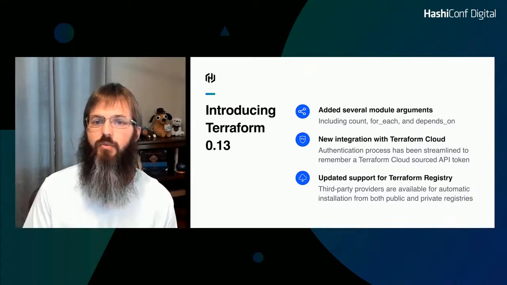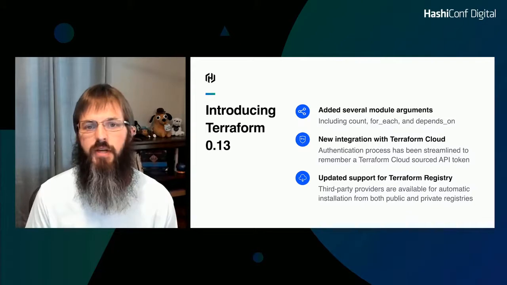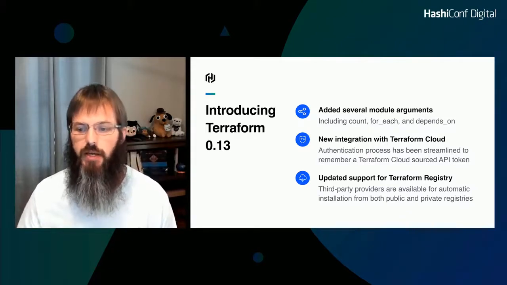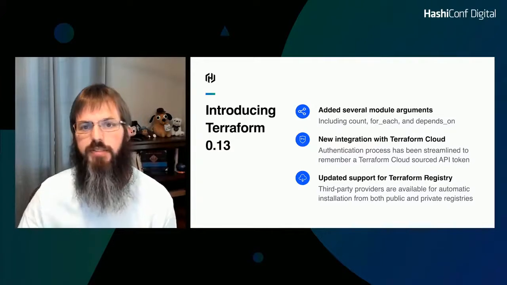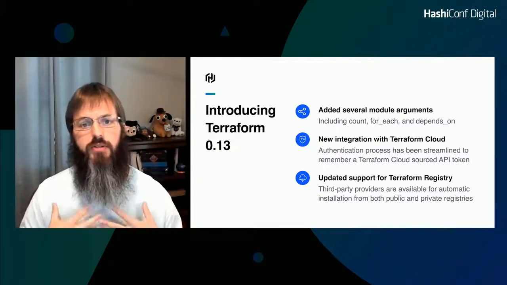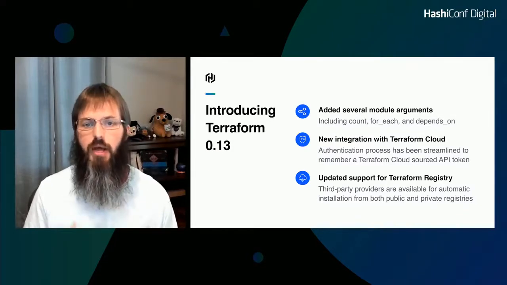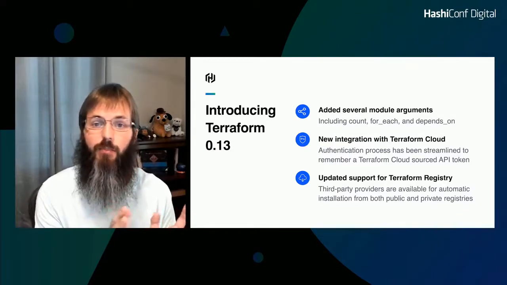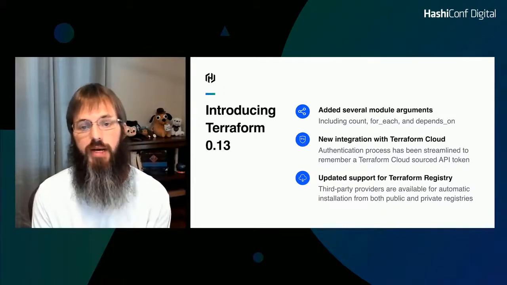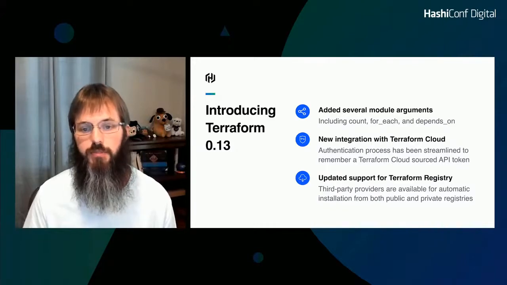And lastly, we have some really cool integrations for accessing third-party providers, whether they're community, partner, or provided by us at HashiCorp, and whether those are public through the Terraform registry or private through your own repositories that you're using within your own configurations and systems.